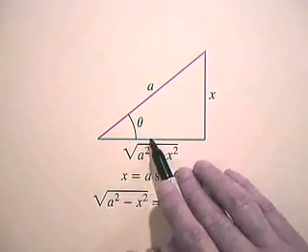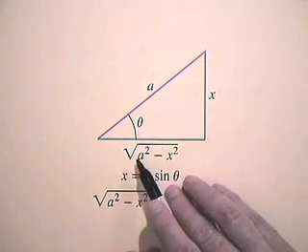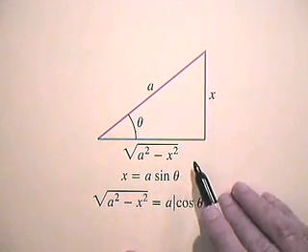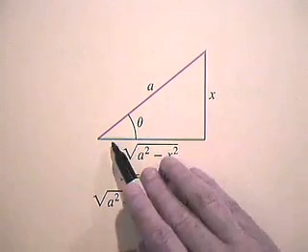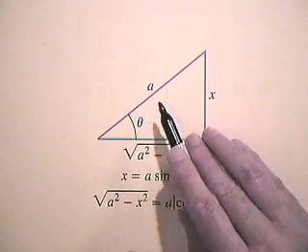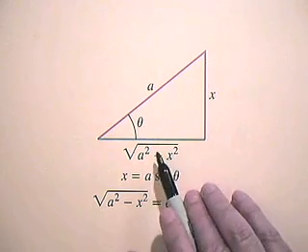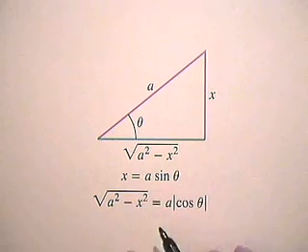The Pythagorean theorem tells us that in this triangle, the remaining side has to be square root a square minus x square. So consequently, this side divided by a is cosine theta. And so consequently, we can remember that the cosine of theta times a is the radical.